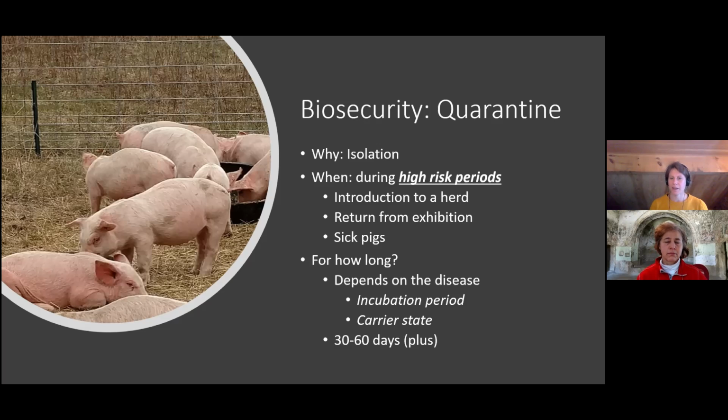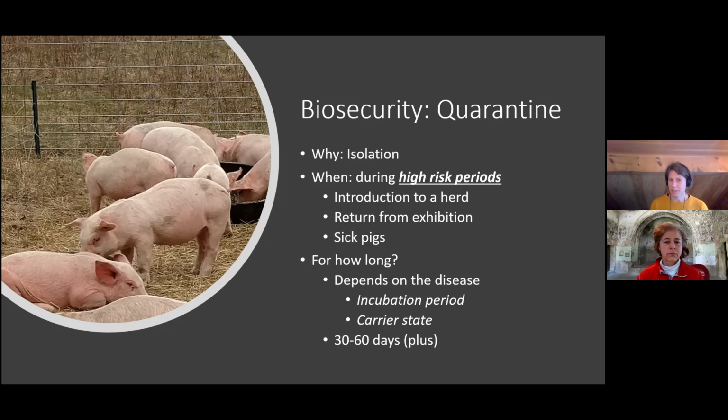And a high risk period is a point in time when that carrier pig or a sick pig or a pig that's been exposed to disease is most likely to develop and show clinical signs of disease. So this could occur upon introduction to a herd. Perhaps if you have a pig of yours that's gone out to a fair or other exhibit and is returning to your herd, or when you notice a sick pig. And Carol mentioned this when she reviewed the farm protocols with us.